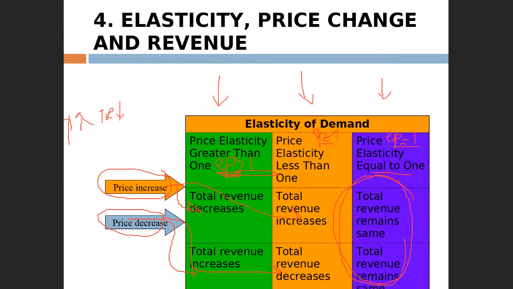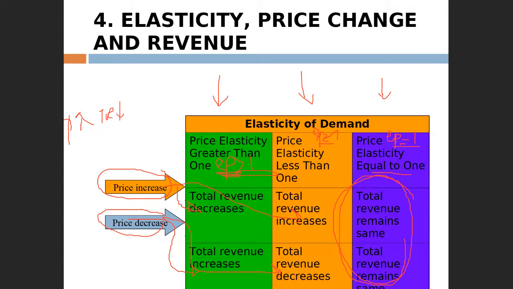Prof, I got an example. You gave an example for the price elasticity. Can you give an example for inelastic? I just gave you two examples for price inelasticity.